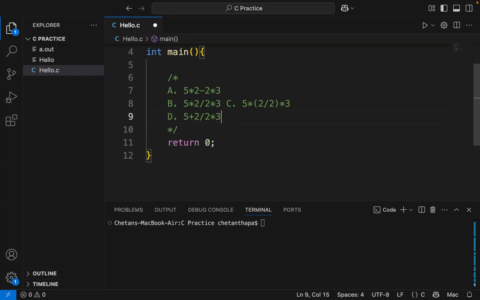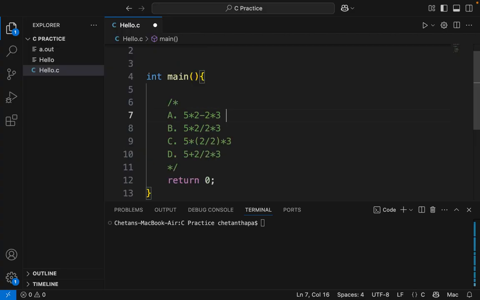Can you guess what its answer will be here? At first, we have multiplication, minus, and multiplication. The highest precedence goes to multiplication. So 5 into 2 will be 10.